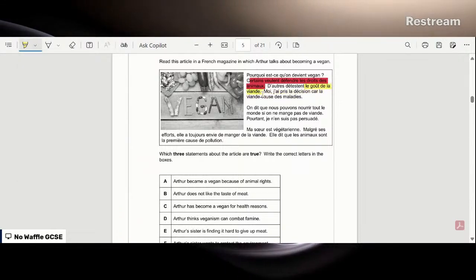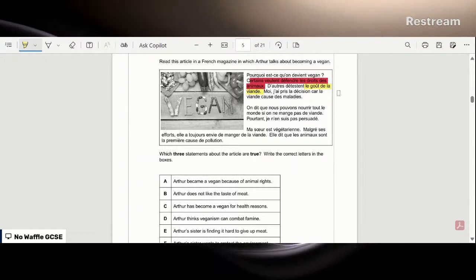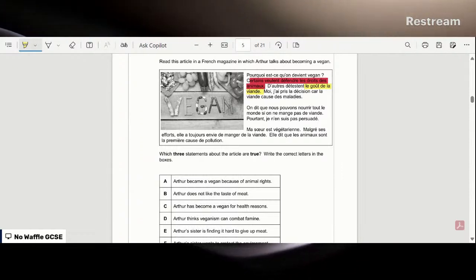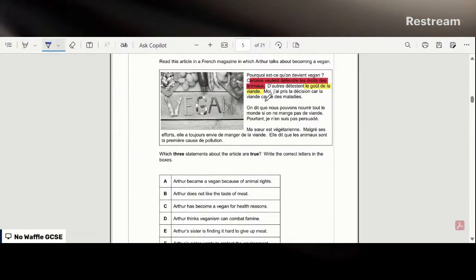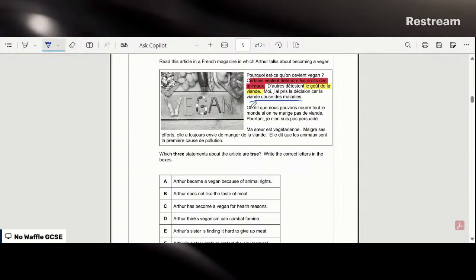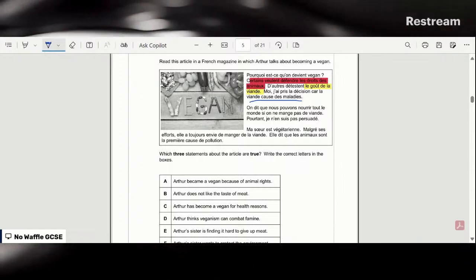Goût is taste. Moi, j'ai pris la décision car la viande cause des maladies. So what does that mean? It causes diseases. The digestion of meat causes diseases. So just by reading that, can we say that any is true and false?